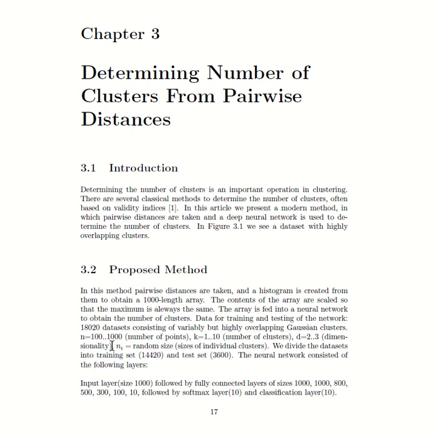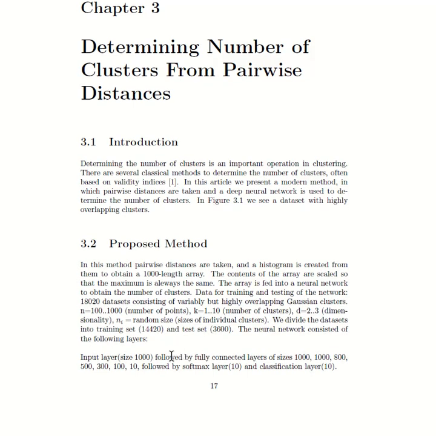And the sizes of individual clusters are random, so that the total number will be n, but this ni size of cluster is random. We divide those datasets into training sets, about 14,000 sets, and test sets to 3,600.